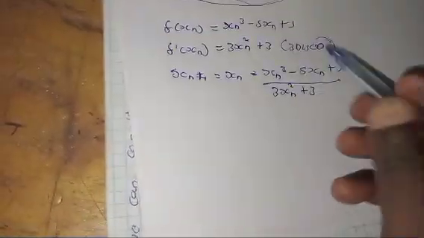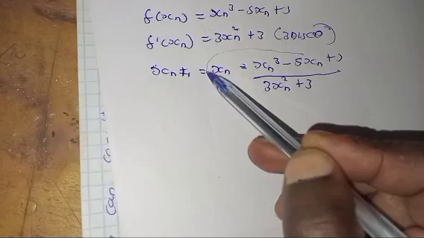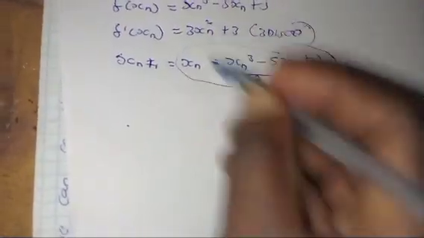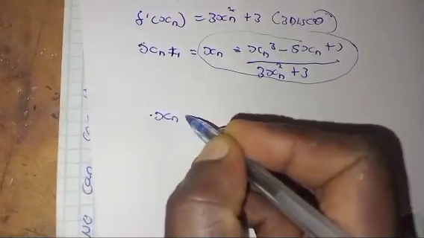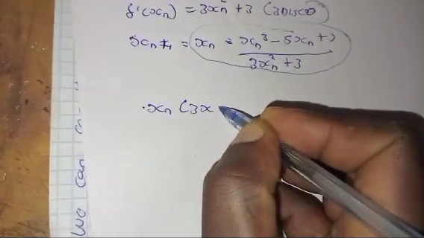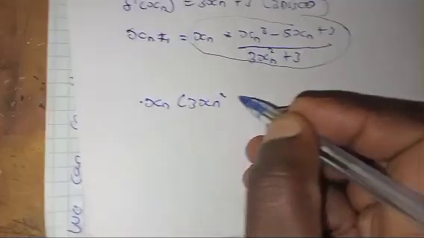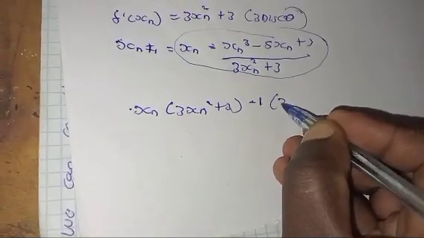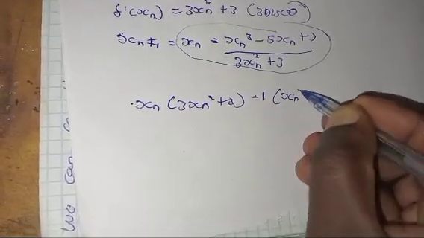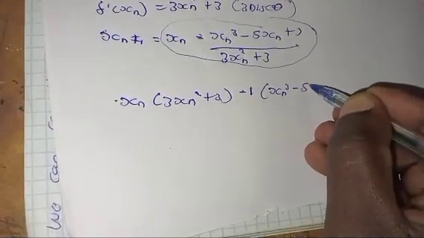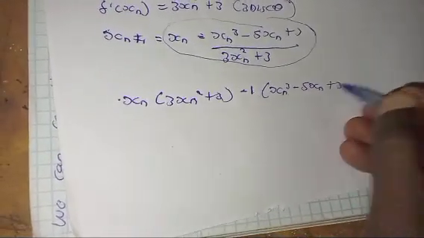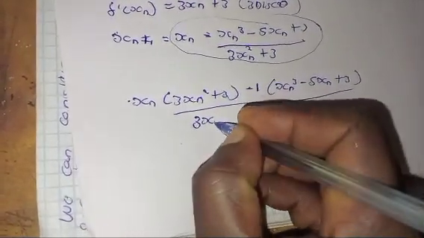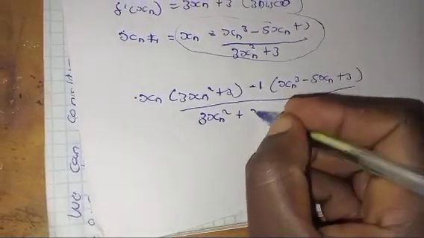Okay, we now calculate this, bring it together. So this one, we are now solving: x_n into bracket 3x_n squared minus 5, close the bracket, minus 1 into bracket x_n cubed minus 5x_n plus 3, divided by 3x_n squared minus 5.